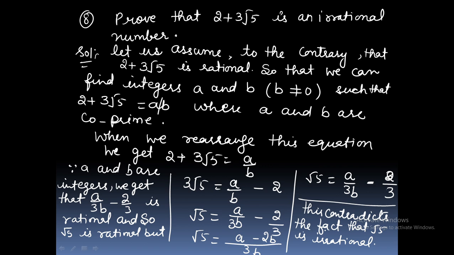So we conclude that 2 plus 3 root 5 is an irrational number. All questions related to this type of question will be solved in this way.